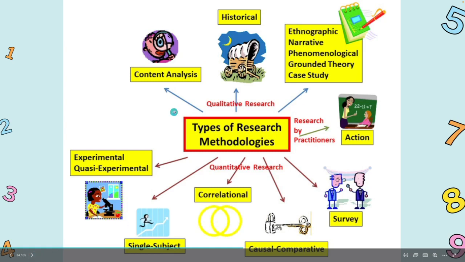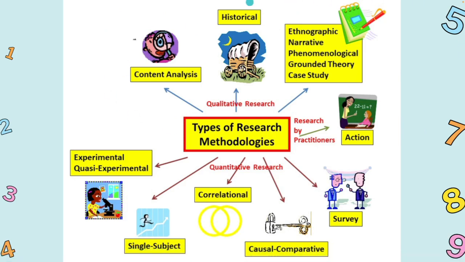And we can look at a map here of how this research is grouped. So the qualitative type research includes content analysis, historical type research, and as we mentioned, the ethnographic, narrative, case studies. These are all qualitative type research.